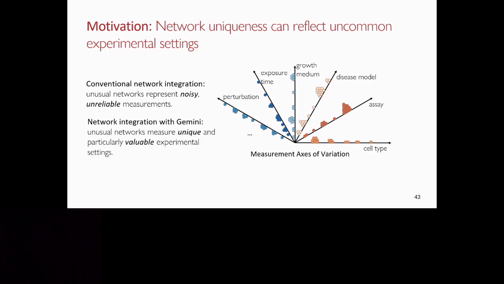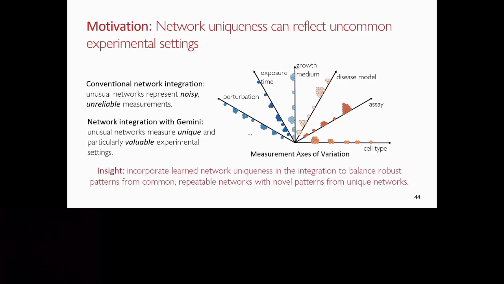On the other hand, with Gemini, we think about these unusual networks as representing unique experimental settings that can actually be particularly valuable because the marginal information add that they can provide to our learned representations might be higher than more redundant networks that we've basically already seen before.